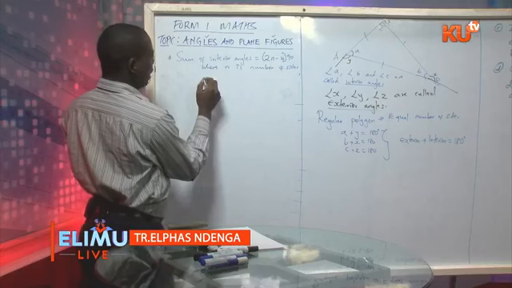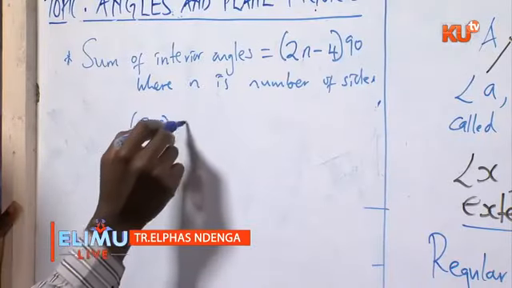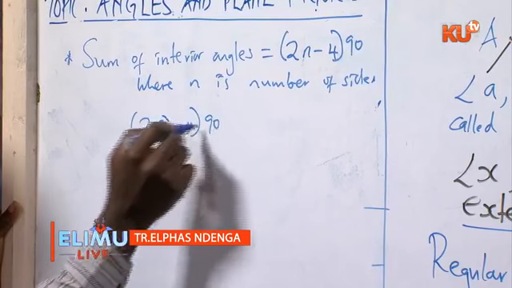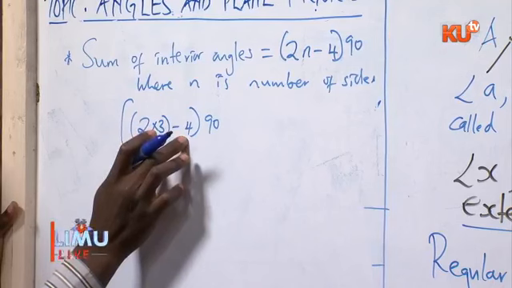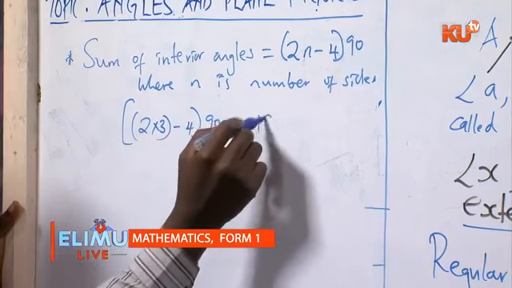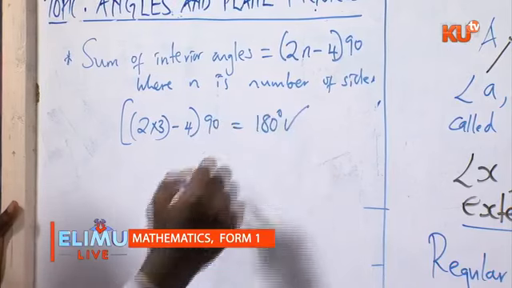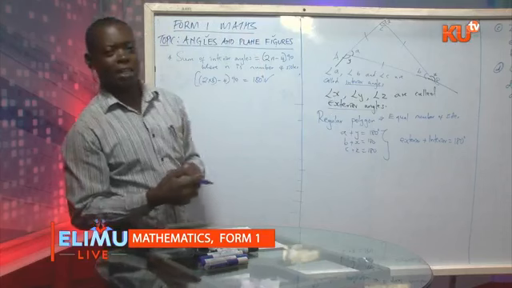So if I replace n, I'll have (2 times 3 less 4) times 90. This is 6 less 4, that is 2. 2 times 90 is 180 degrees.